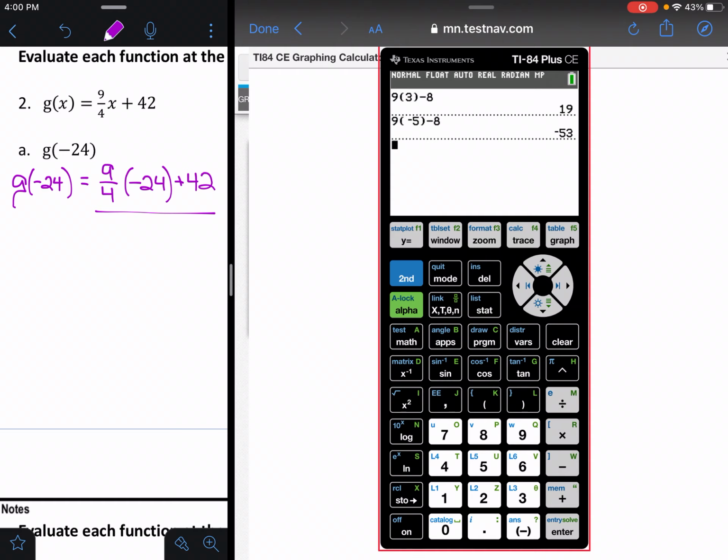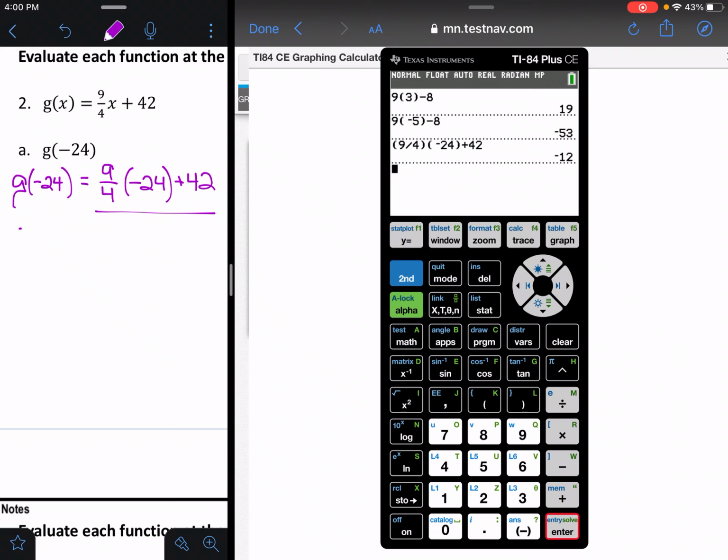I always put the fractions in parentheses just to be safe. So I'm going to go 9 divided by 4, that's what that means, and then another parenthesis, -24, and then plus 42. So that's the only thing with fractions to be aware of, is just put them in parentheses. And so now when I do that, I get -12.